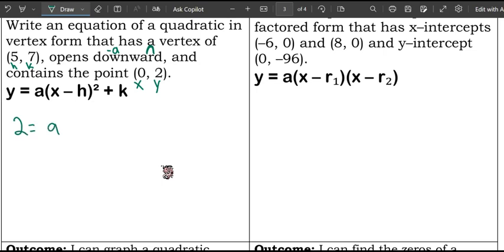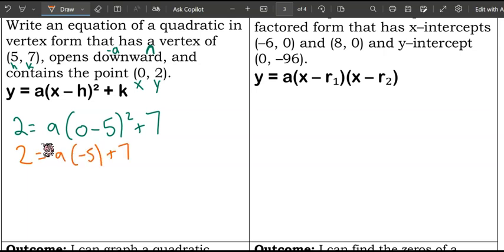2 equals a(0 minus 5) squared plus 7. Negative 5 times negative 5 is 25.